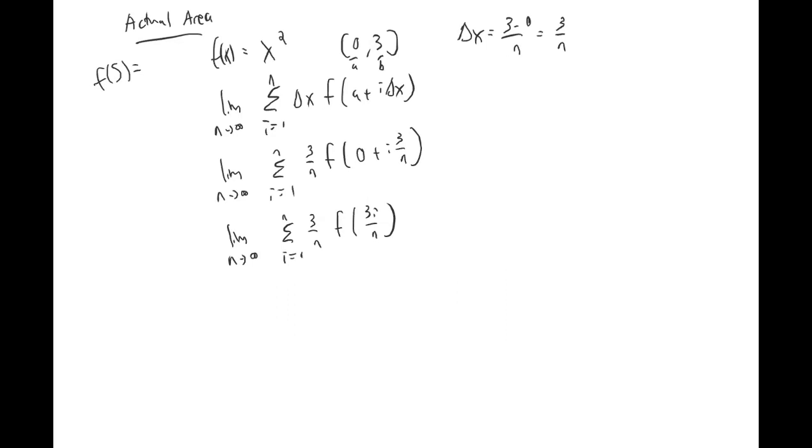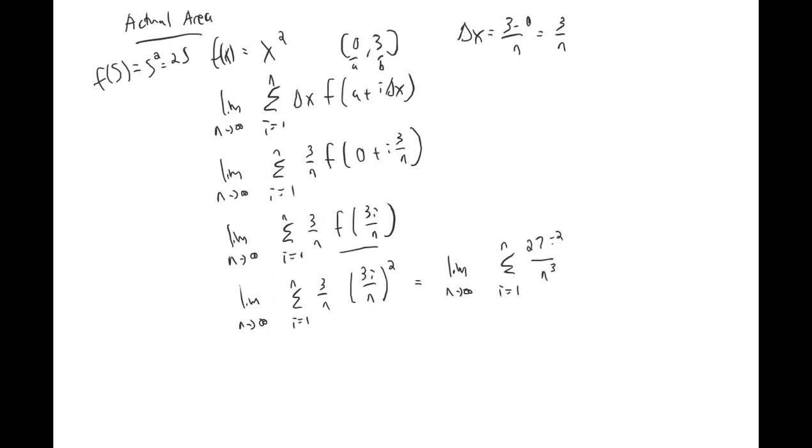You just plug in 5 to x, and then you get 25, right? Same idea here. What's f of 3i over n? You just plug in 3i over n to x. And then, like someone said, I get 9i squared, but the 9 and the 3 become 27, so 27 i squared over n cubed. I believe this is what you get.